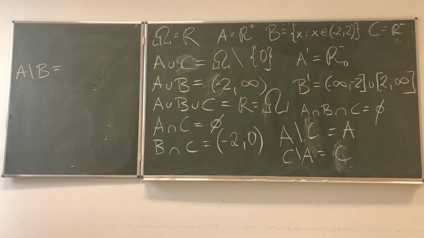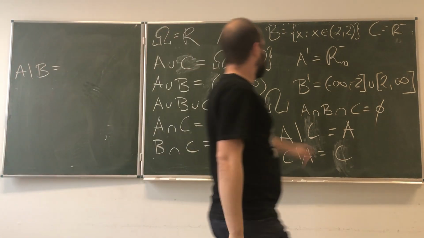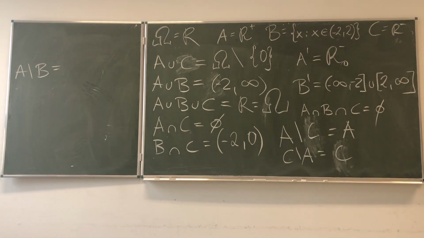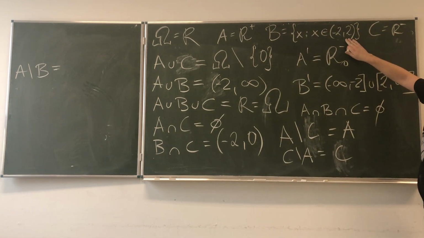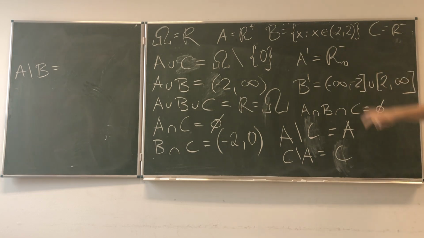Well, we need to cut out some part of the positive real numbers, right? So those will be numbers from open 0 to 2.